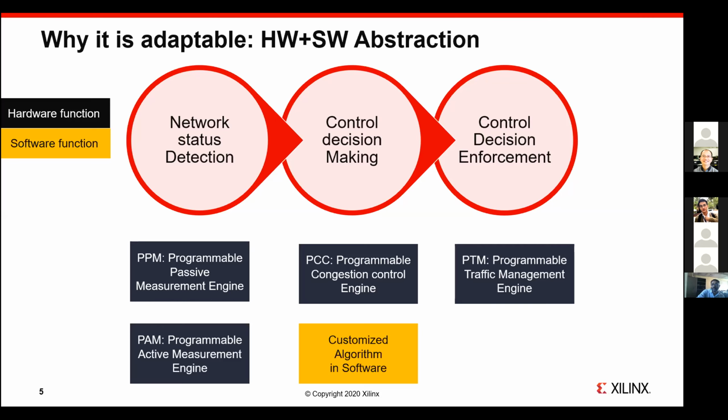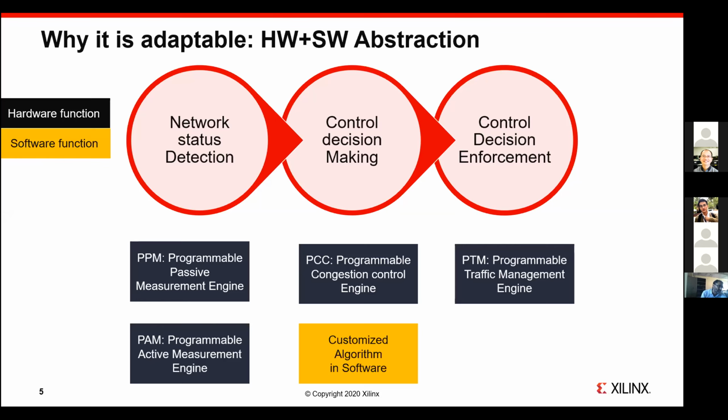But we could group them into 2 categories, right? One is passive measurement, which usually passively collects the information and does the inference for network status. The other one, we call an active measurement.